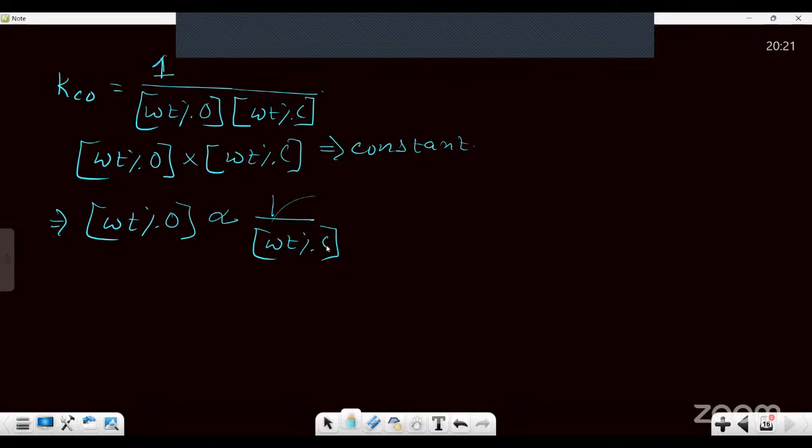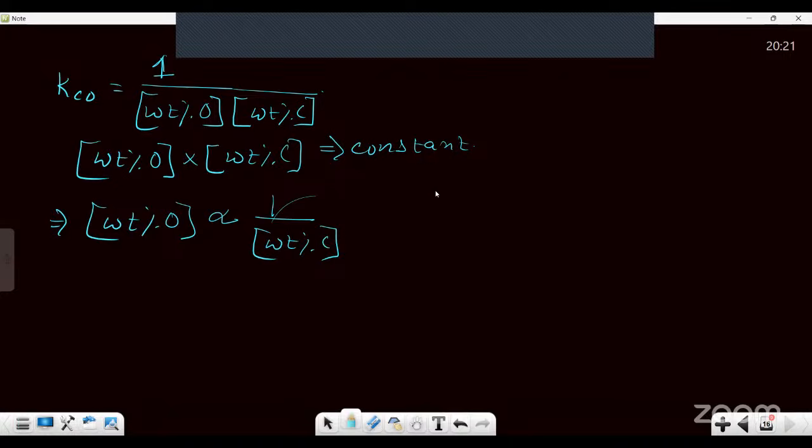Or when my carbon percentage increases, my oxygen percentage will decrease, when I am maintaining constant pressure and temperature. If I am maintaining the temperature at 1600 degrees Celsius and the pressure at 1 atmosphere, then I can say this. Right?